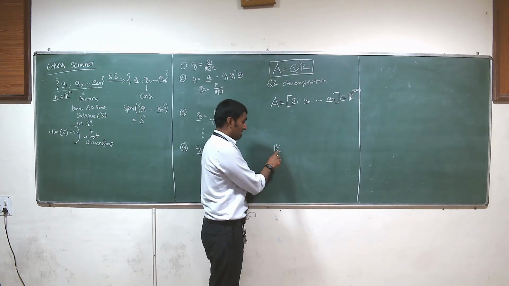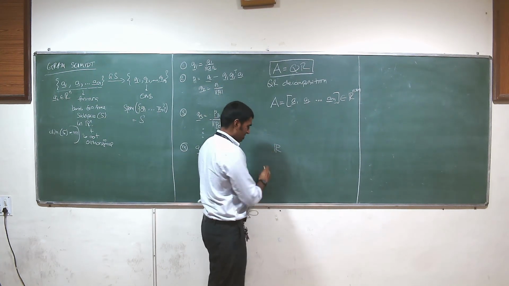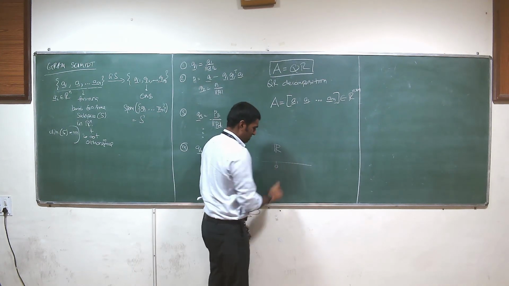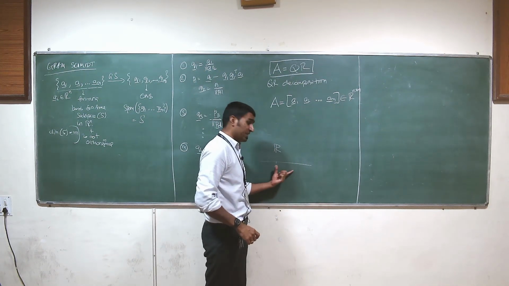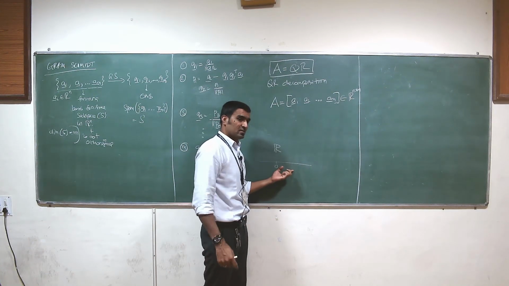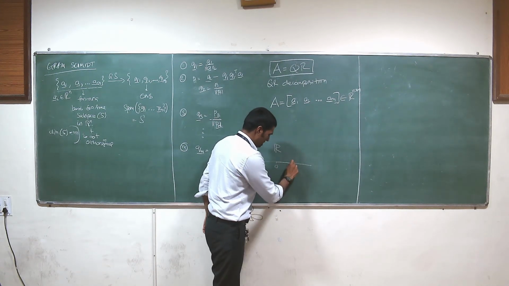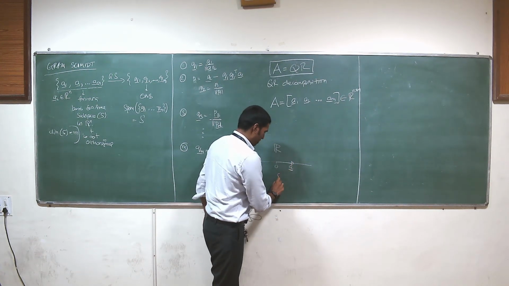If I choose n to be 1, how many vectors can I choose from the real line before that set becomes linearly dependent? Well, I can choose any one non-zero vector. I'll choose this and call it A1.